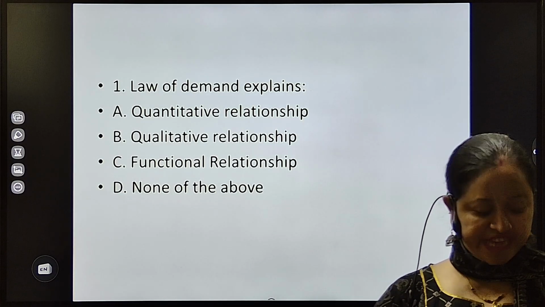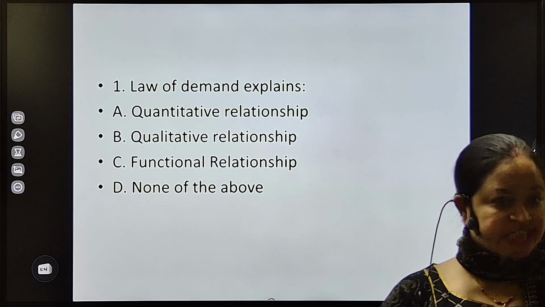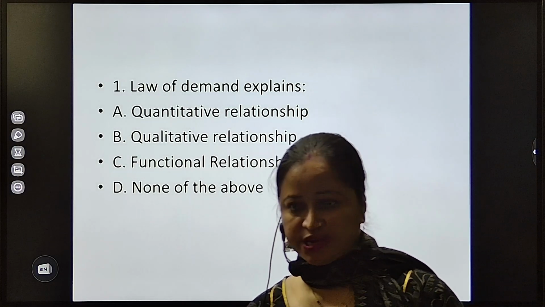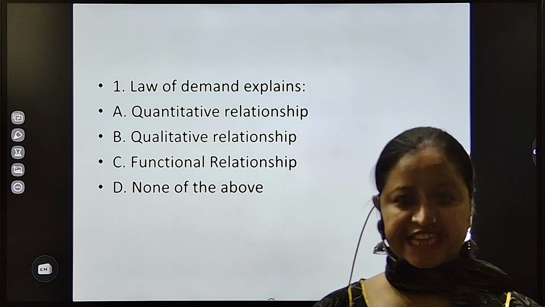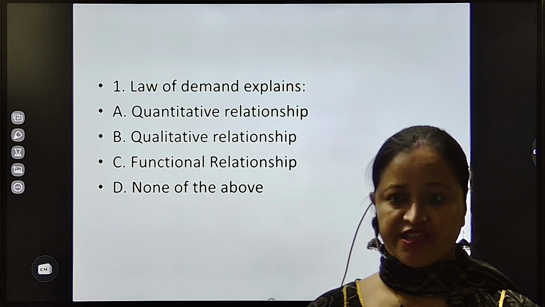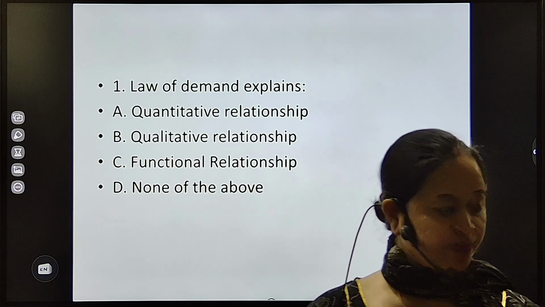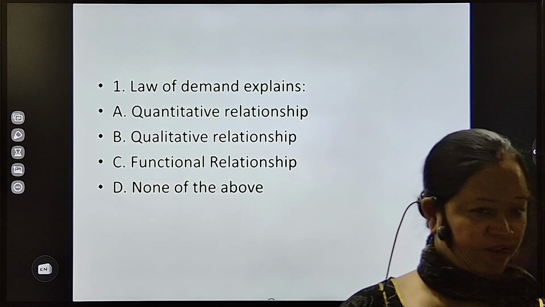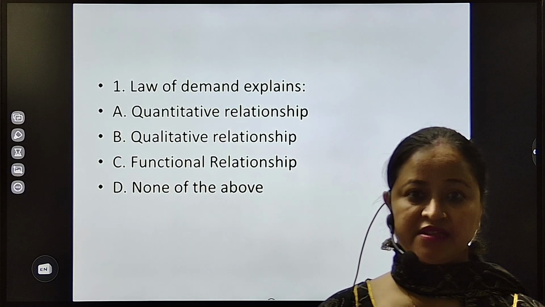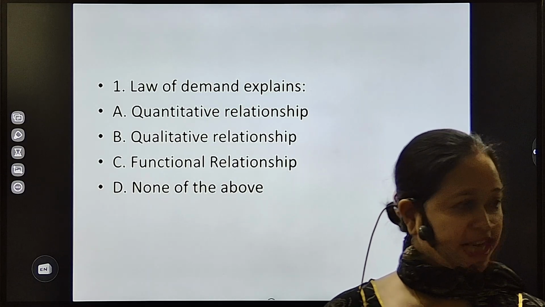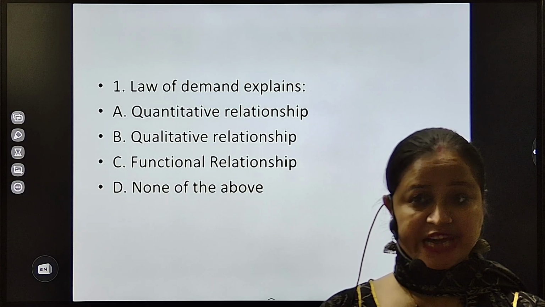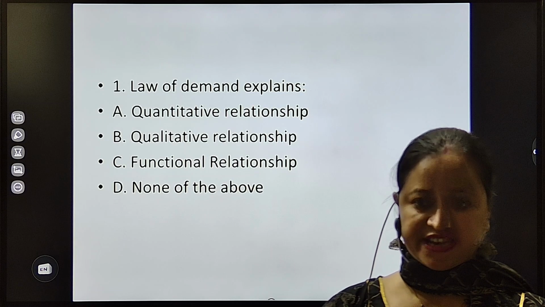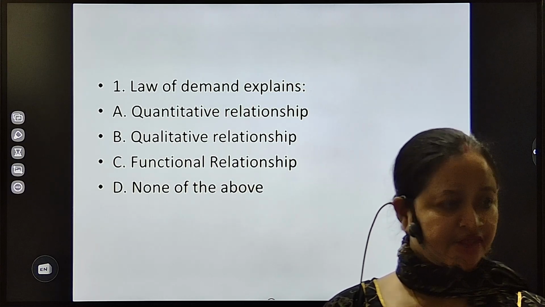Yes, positive taste and preferences of the customers. Taste and preferences can be negative also, so positive, or favorable, taste and preferences. If customers start liking a particular product, demand rises. A few more: population, when population increases, and future expectation, like the expectation that the price of that product will fall or increase. So these are the various factors which affect the demand for a particular product.